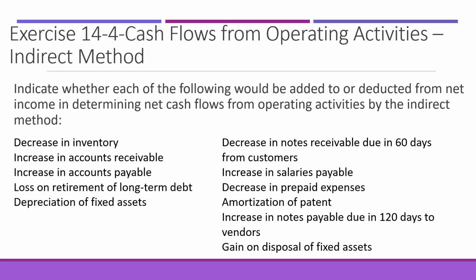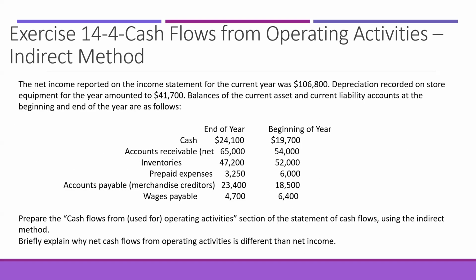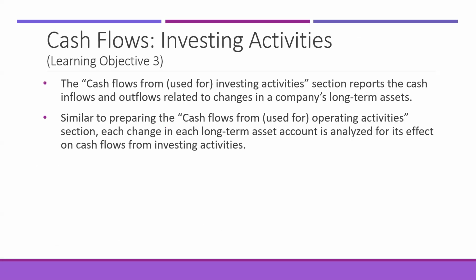So we have a decrease in inventory that would increase our operating cash flow, right? And then increase in accounts receivable would decrease, increase in accounts payable would increase, right? Because we didn't pay the bill yet.